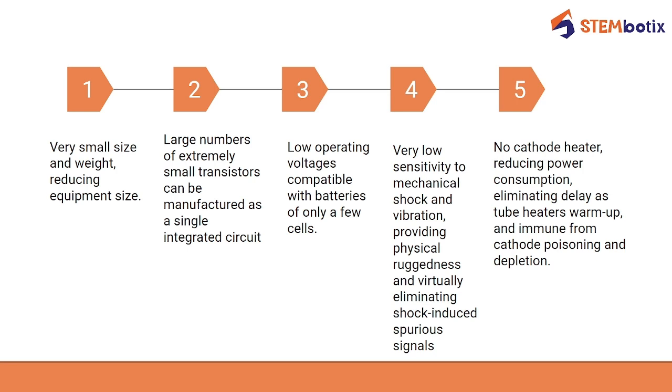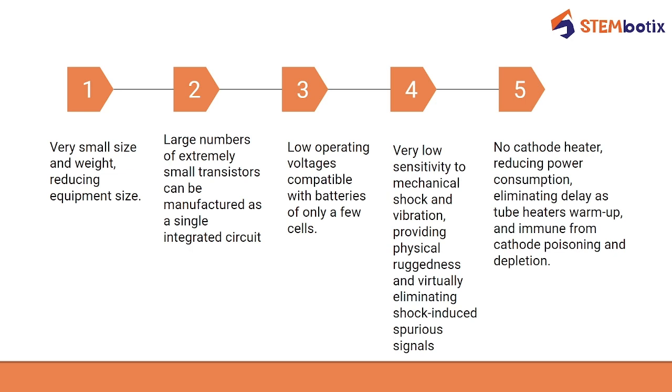Also low operating voltages. Transistors have very low operating voltage, as we discussed earlier, requiring 0.6 to 0.7 volt at the base pin to turn on. Very low sensitivity to mechanical shock and vibrations, providing physical ruggedness.